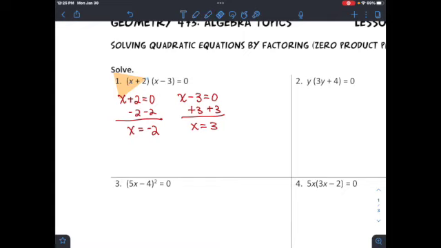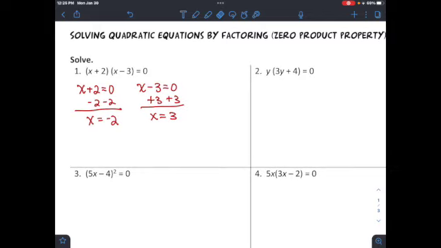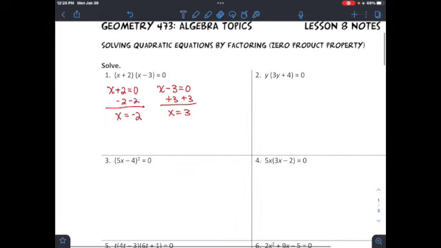And if you put in 3 for x minus 3, that will also equal 0, and therefore we reach our requirement. So the answer is just negative 2 and 3, and that's how you solve using the zero product property. This is the first way to solve a quadratic.